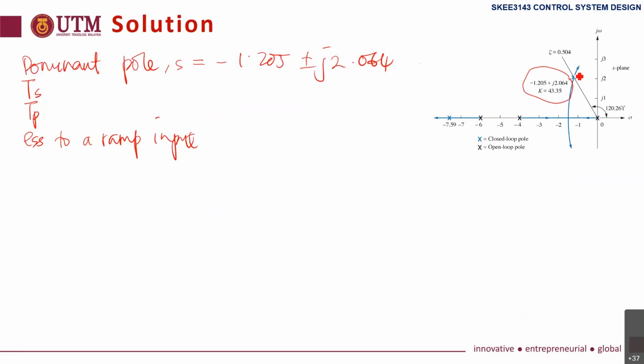Now find TS, TP, and error for the original system. What is the value of TS and TP?